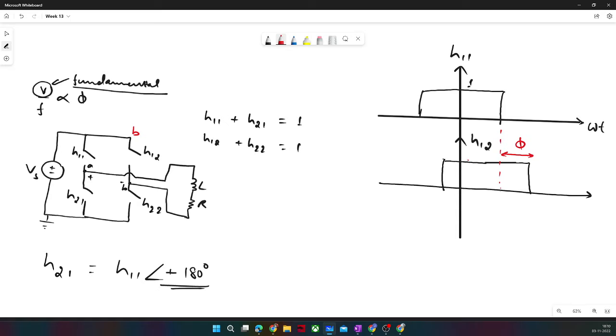To do that, I am subtracting, so that VAB would be H11 Vs minus H12 Vs. Whatever pulse we give here gets subtracted from the H11 pulse, and the remaining portion would contribute to our average or RMS voltage. So let me see what the magnitude of VAB would be.